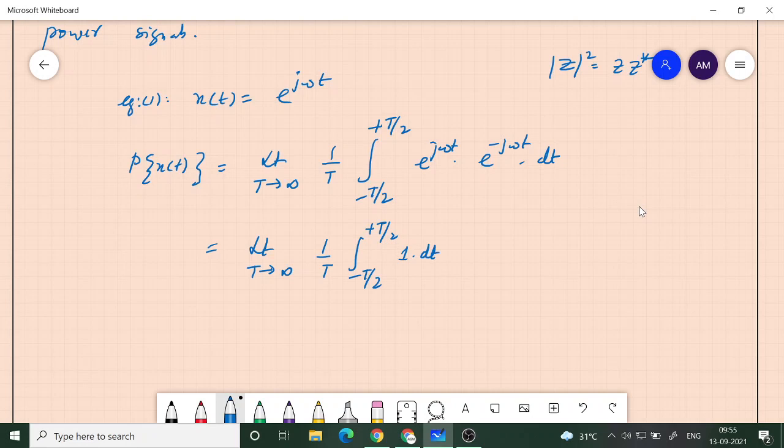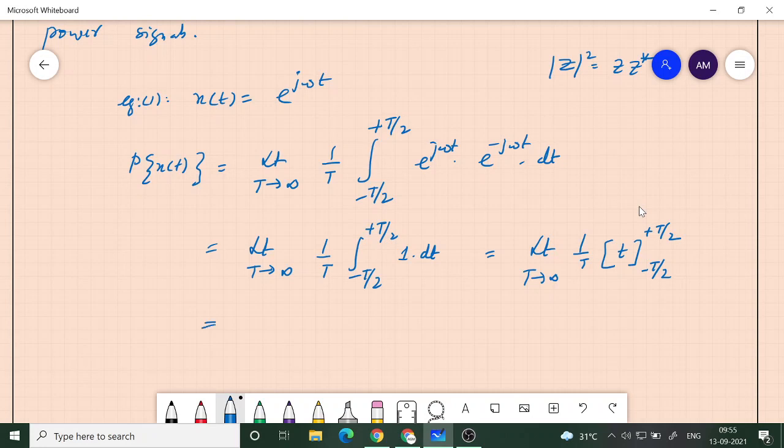Now if you do that integration, you get T, since the integral of dt is T. So that is limit T tends to infinity, 1 by T, integral, and let me put the integral value from minus T by 2 to plus T by 2.